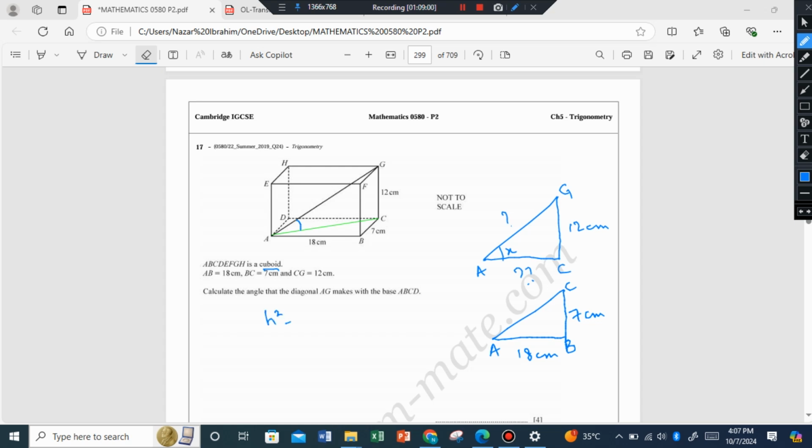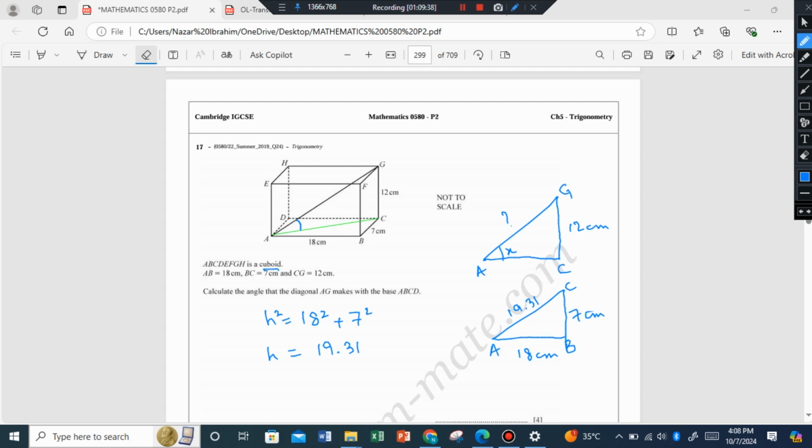So h square, hypotenuse, that is AC, 18 square plus 7 square. By solving it in calculator, of course after summing it up, I will take the square root, and the answer which I'm getting is 19.31.